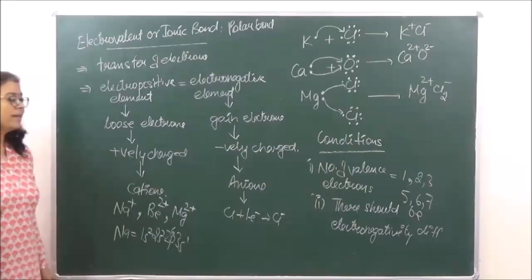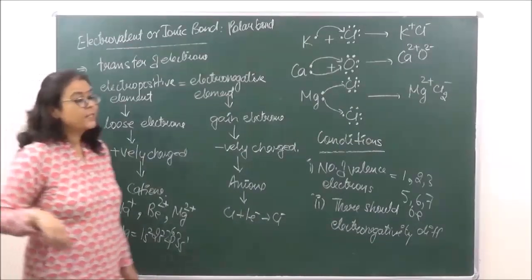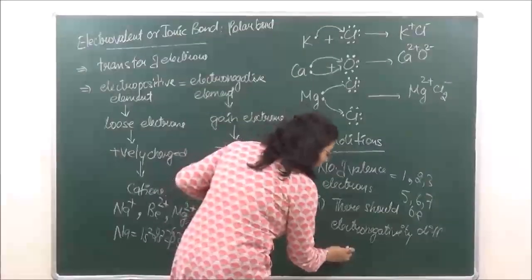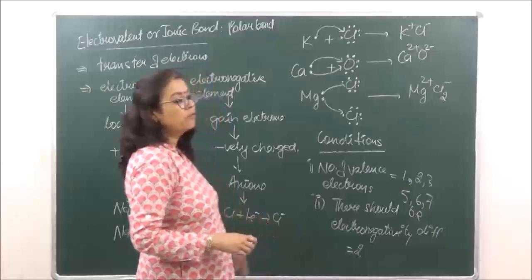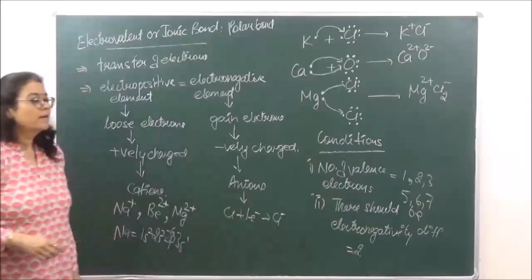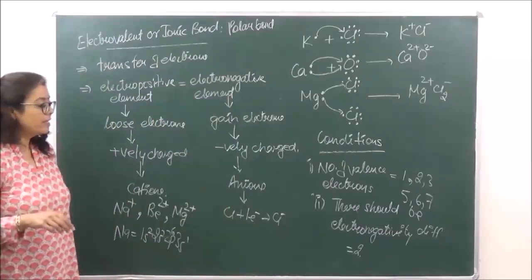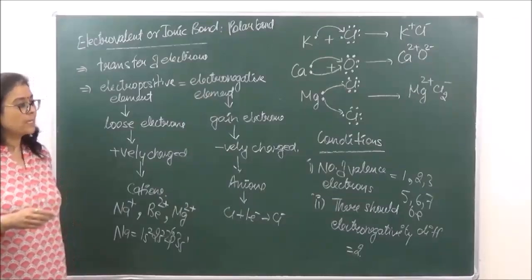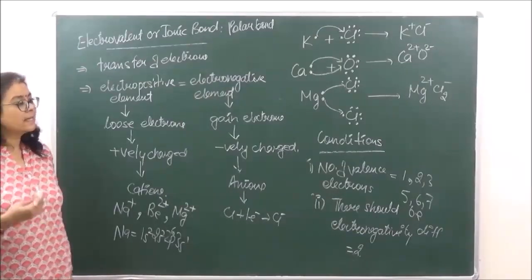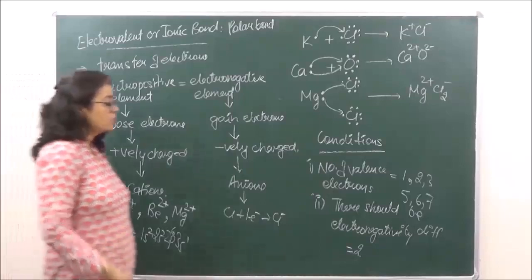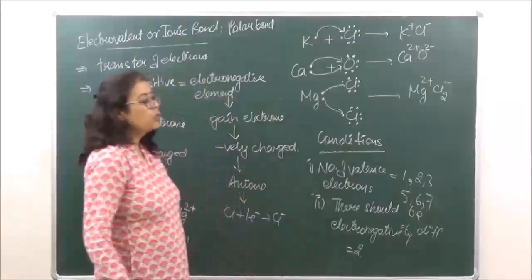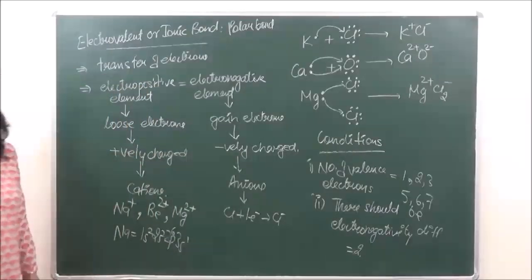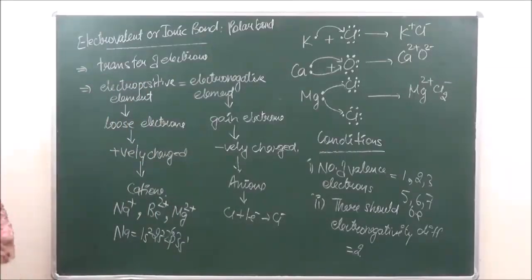Okay, so if the electronegativity difference between the two combining atoms is equal to 2, only then ionic bond will be formed. Okay, we have calculated the electronegativity difference by 2 scales. One was the Pauling scale and the other one was the molecular. So if the electronegativity difference between the two combining atoms is coming as 2, only then the formation of ionic bond is going to take place, right?